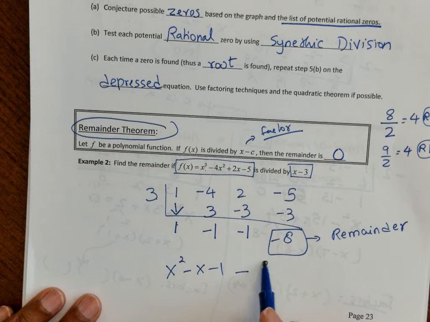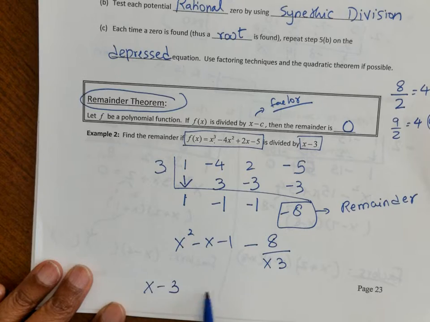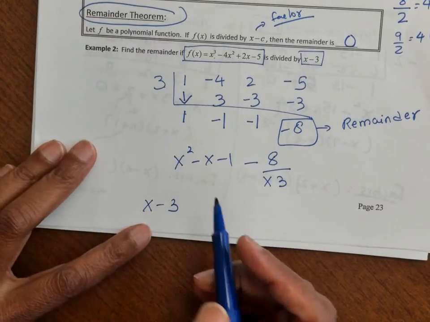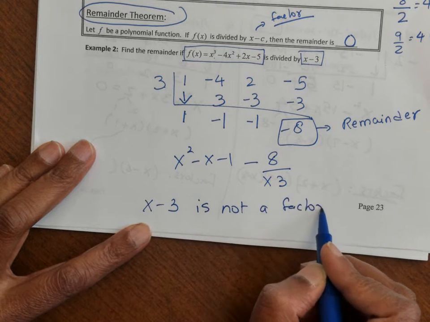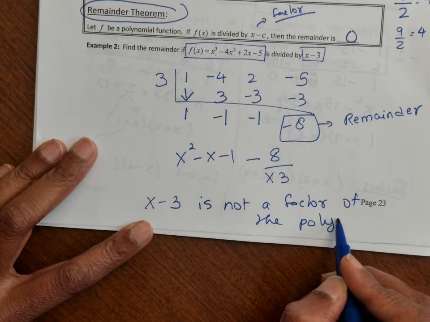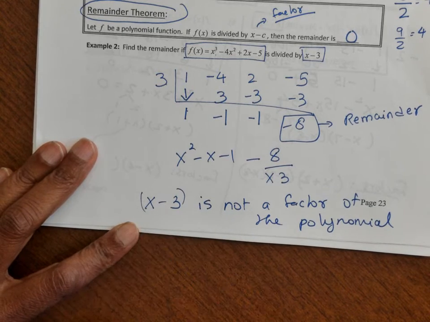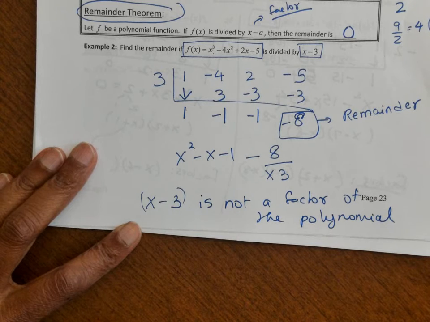Instead of saying plus, you can straight away say 8 over x minus 3, which basically means x minus 3 is not a factor of the polynomial, because there is a remainder. So that's how you check. If something is a factor, you can divide, and if 0 is the remainder, that's how you check.